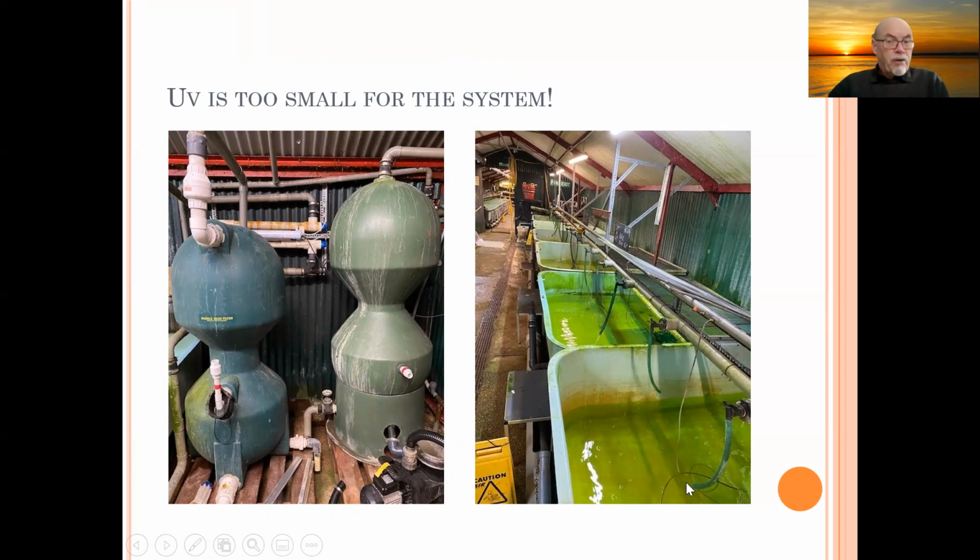This was of course lacking and created a risk that bacteria could spread easily from one batch sitting in the first tank. It could easily infect the other koi in the other fish tanks, because the UV was not capable enough of destroying all the pathogenic bacteria passing through the tube.